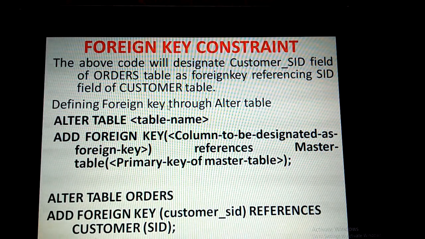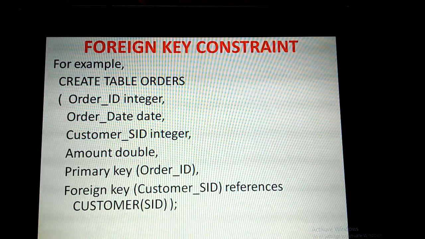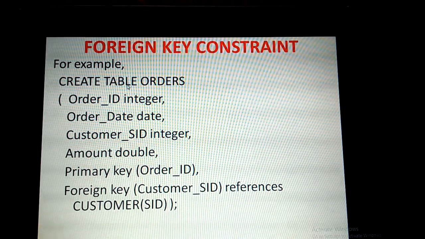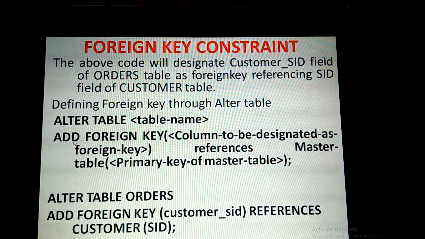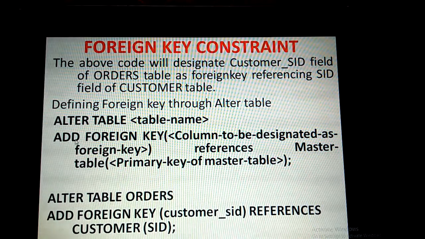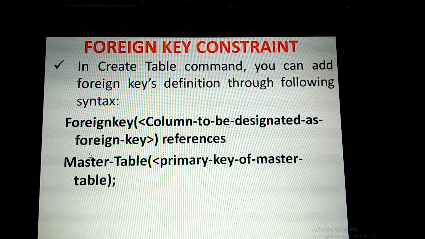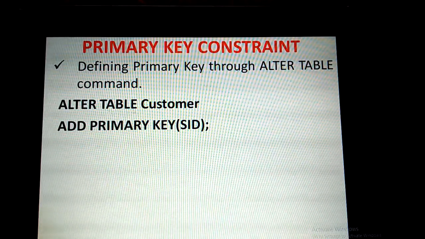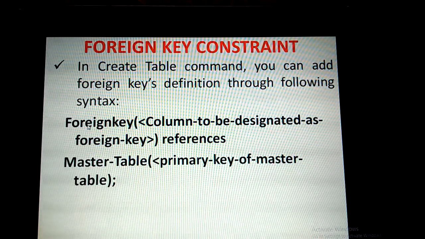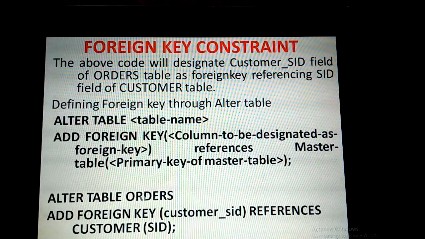So now, defining a foreign key through the alter table command. Till now we have seen using the create table command. Using alter table, just use it similarly: alter table add. You have seen here, alter table add. Alter table, the table name, then add, same as here: alter table orders add, and then foreign key.